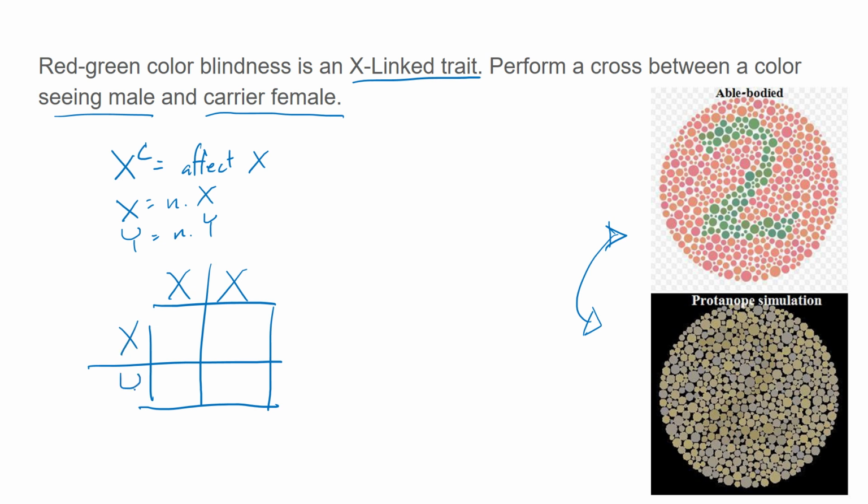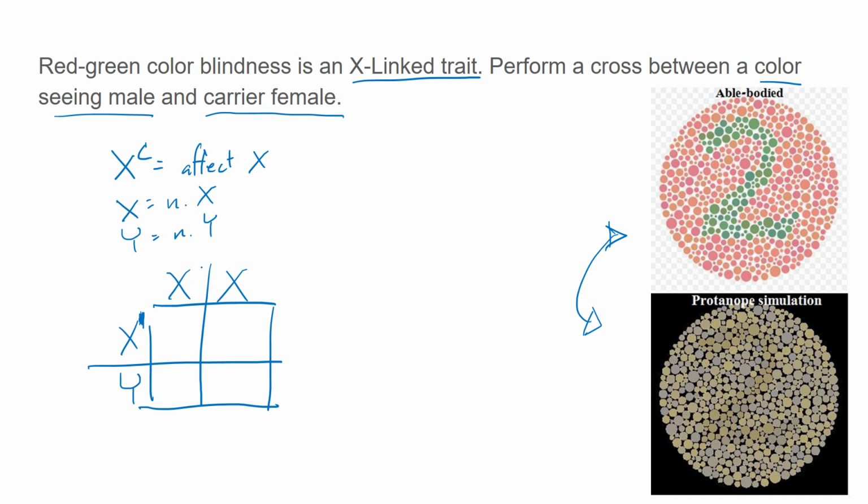We always start there with X-linked traits because you have to have an XX and an XY to make a baby. A color-seeing male means that this must be healthy. If we put a C here, then this male will be colorblind. So we gotta not have a C there, okay?